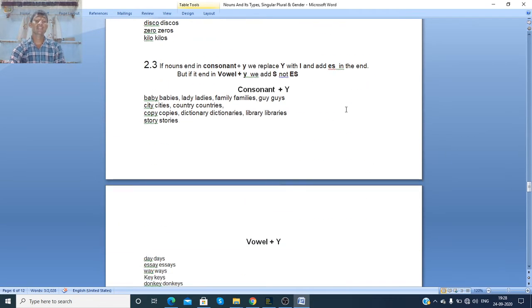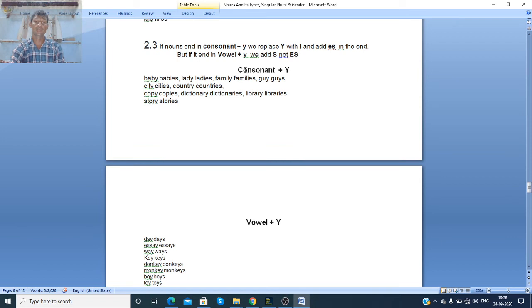And here are some more examples for consonant and y. Baby, babies, lady, ladies, family, families.